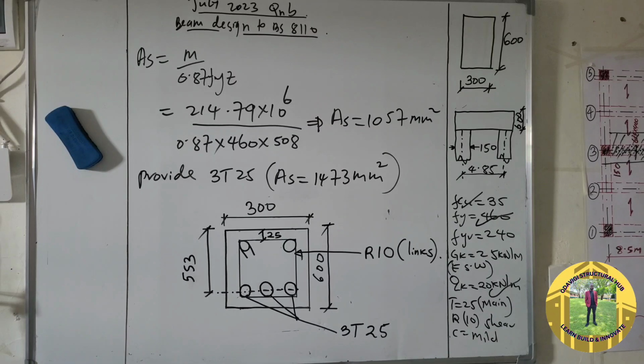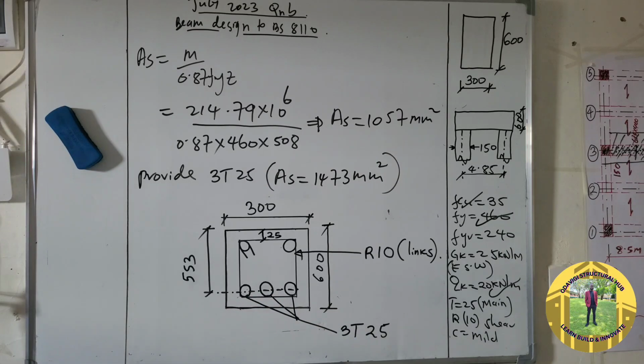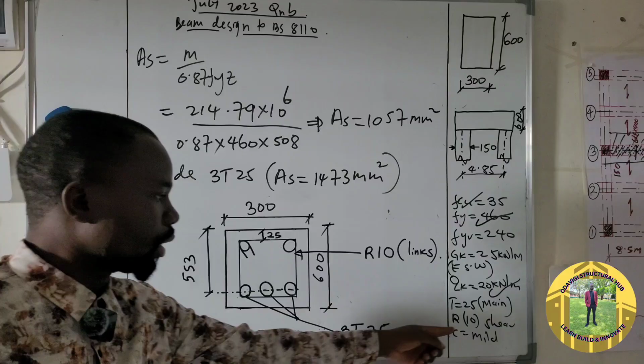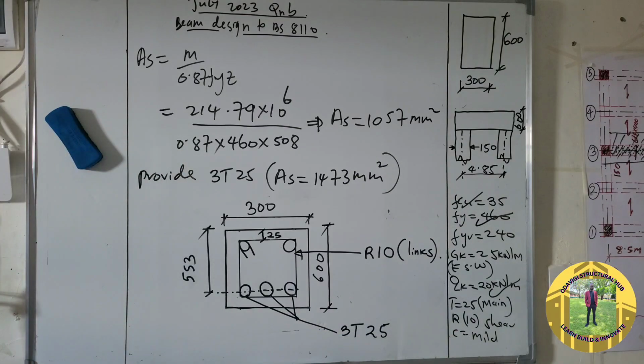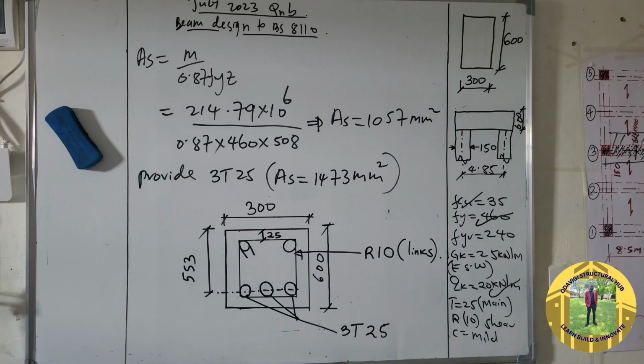So this is a cross section for the beam we have designed. As you can see, this is the main reinforcement, which is 3T25 millimeter in diameter. And this is the link. So link is R10. And we have the bar at the top. We call them hanger bars.